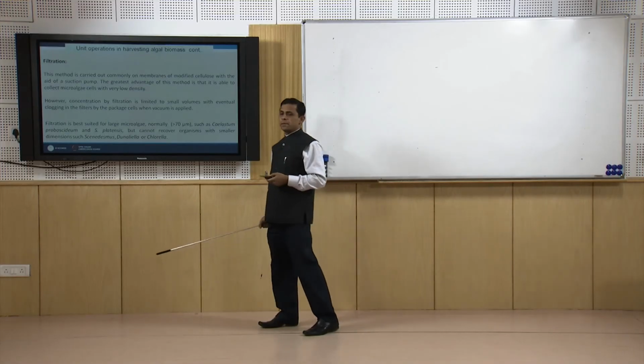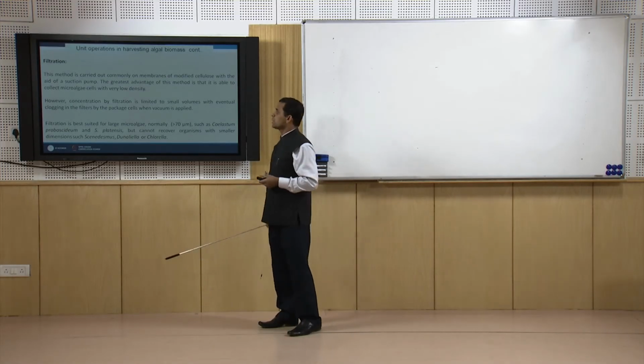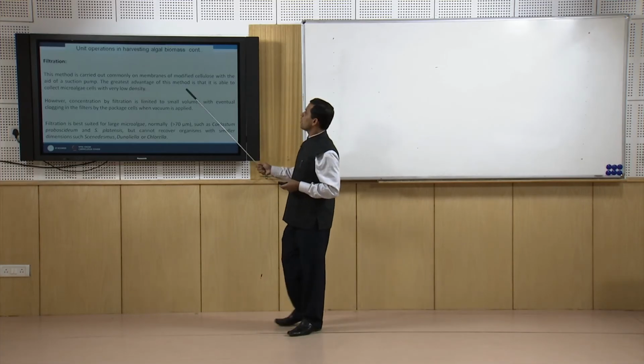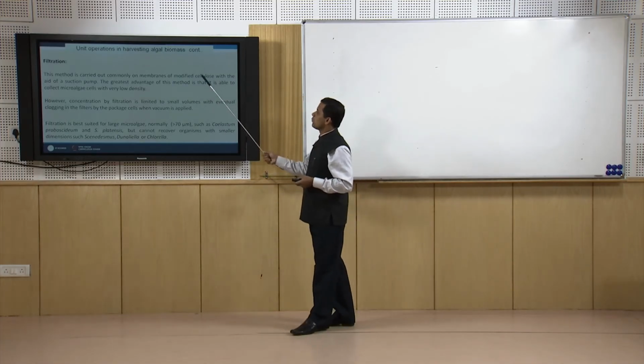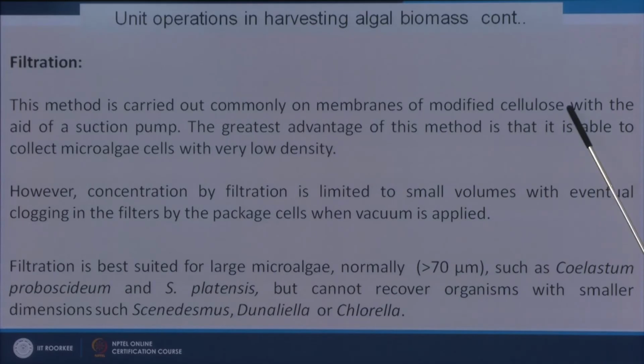Next is filtration. Another method which is used for separation is filtration. These methods use some membranes of modified cellulose, and the advantage of this process is that it is able to collect microalgal cells with very low density. But what is the disadvantage?